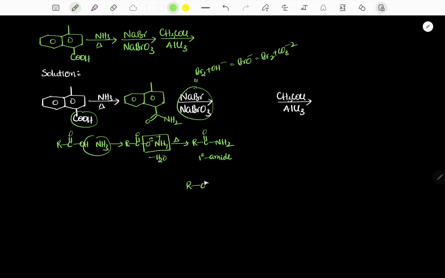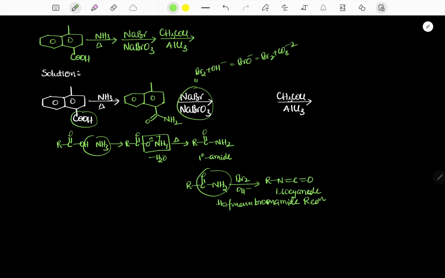So we know that when primary amide is treated with Br2 plus OH minus, this reaction is known as Hofmann bromamide reaction. Here the CONH2 will be converted to NCO, which is what we call isocyanate.